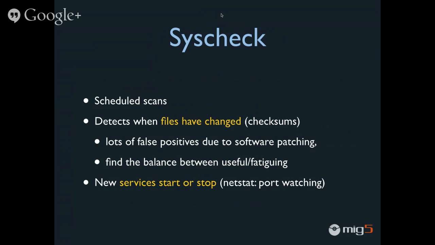Yeah, I'd rather have it on and deal with the noise personally, than find out later that I've got a big problem. The other thing it does, I think syscheck does this, or it might be another component of OSSEC, is it watches netstat for ports that open and close. So any new services that start and stop, you might get a notification about that.